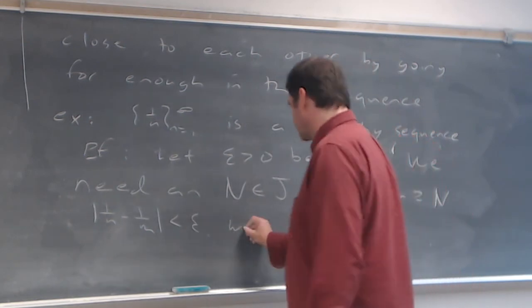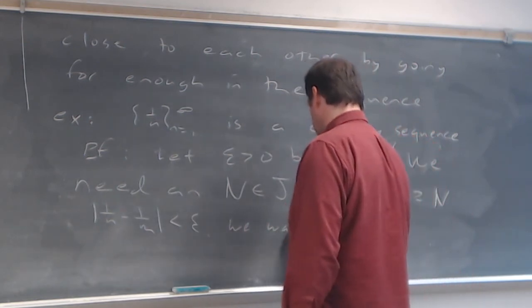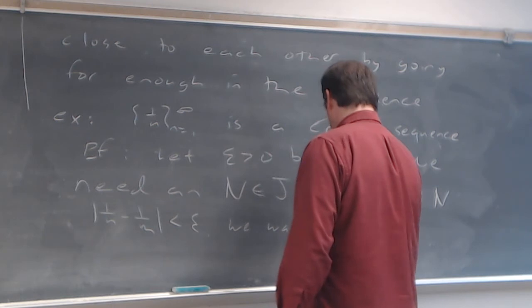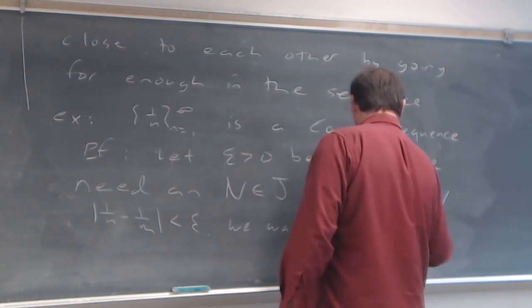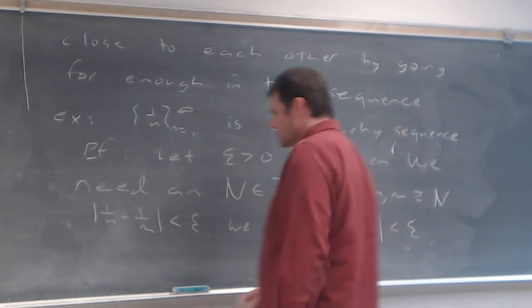Okay, so we want 1 over n minus 1 over m to be less than epsilon. So here's what we do.